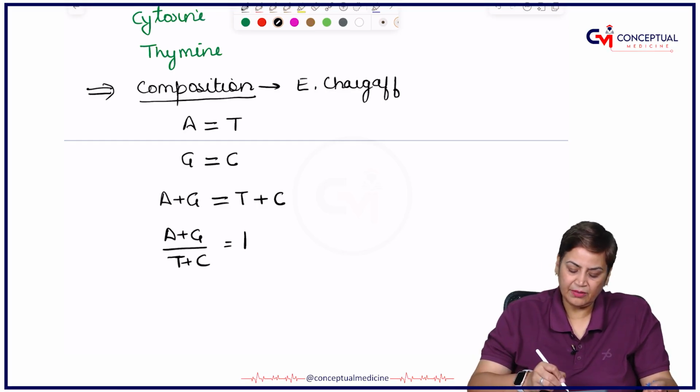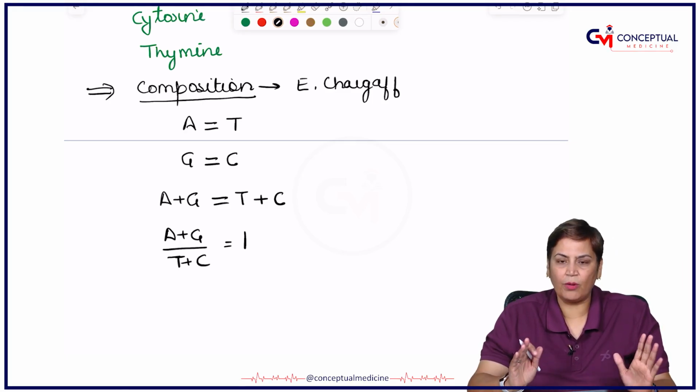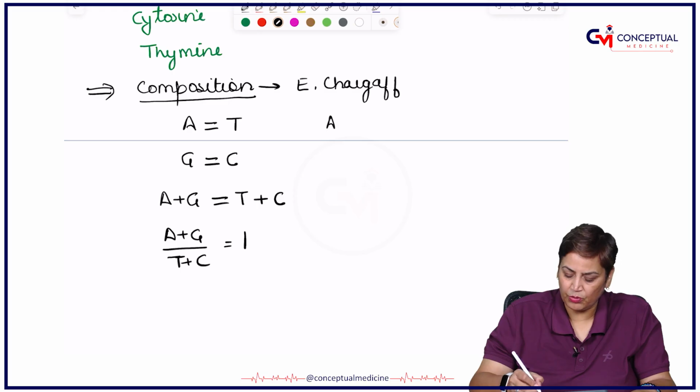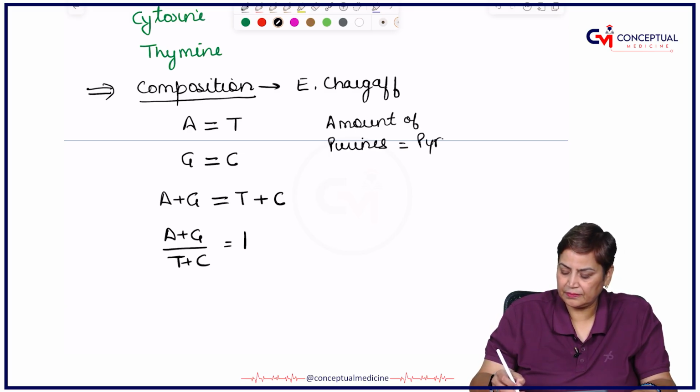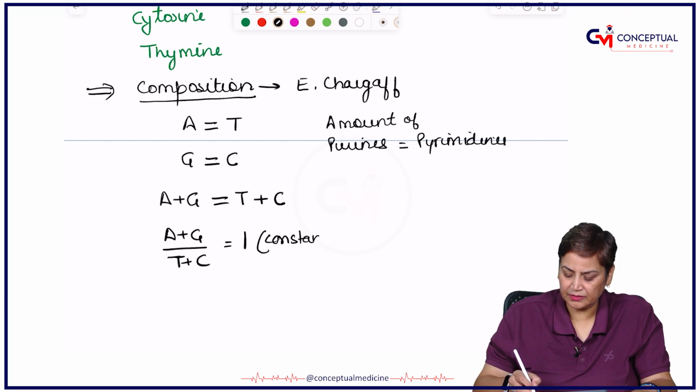Now we know adenine, purine, thymine, pyrimidine. Okay, so this is the composition, or we can say amount of purines is equal to amount of pyrimidines, and this is equal to 1, constant for a given species.